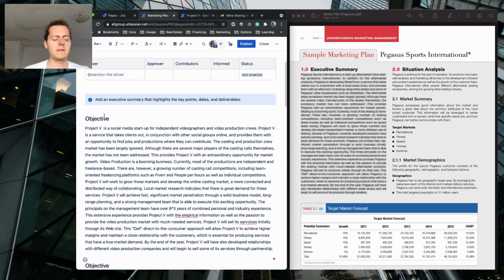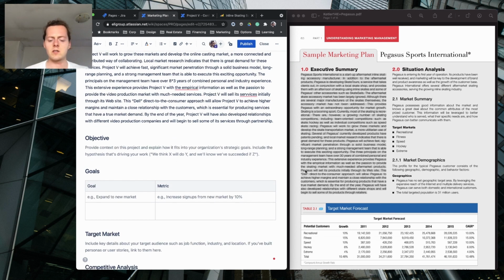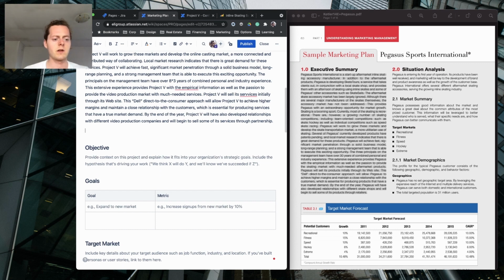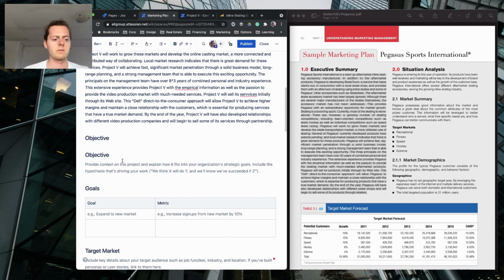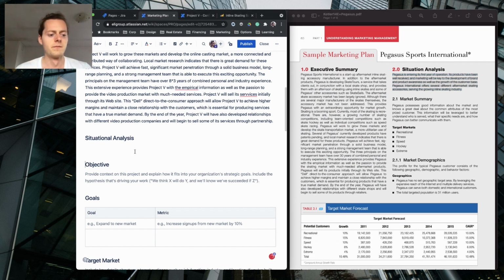So the 2 is situational. Let's paste the situational analysis.